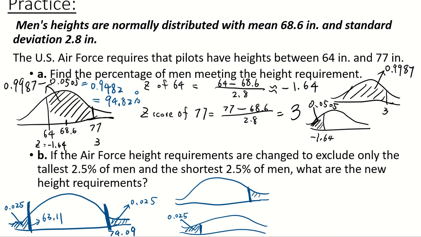If this is 0.025, that means the area to the left of the z-score you're looking for will be 1 minus 0.025, which is 0.975. So remember these two values. We're going to find these two areas in the chart.